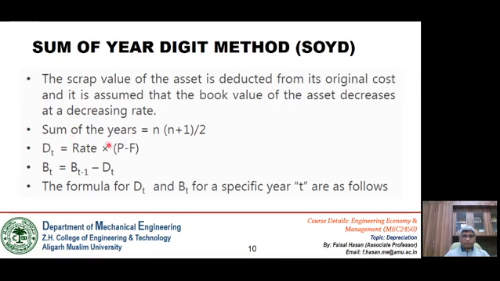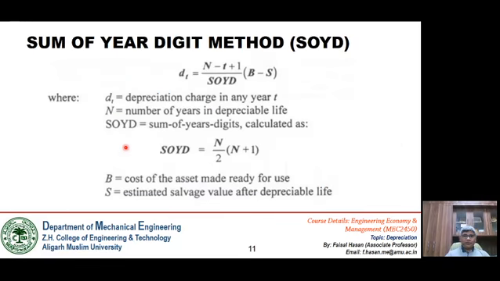So I will explain all these formulas with the help of a specific problem. Just to get an insight into this method, these are the two relationships which will be useful.